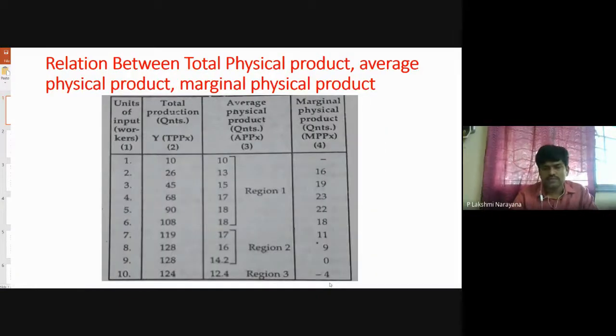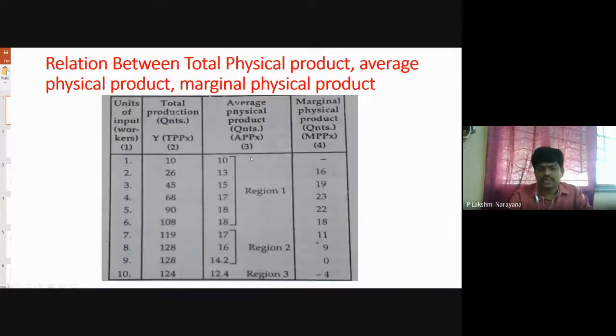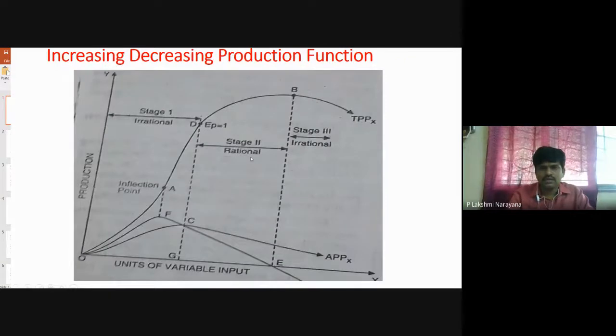So this is not good for the farmer. The rational stage is good, and stage 3 is not suggested to farmers.